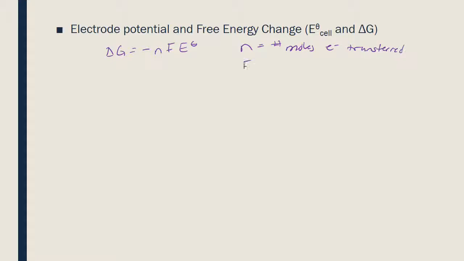F, as we noted at the beginning of this lecture, is Faraday's constant. This is known as the Nernst equation.